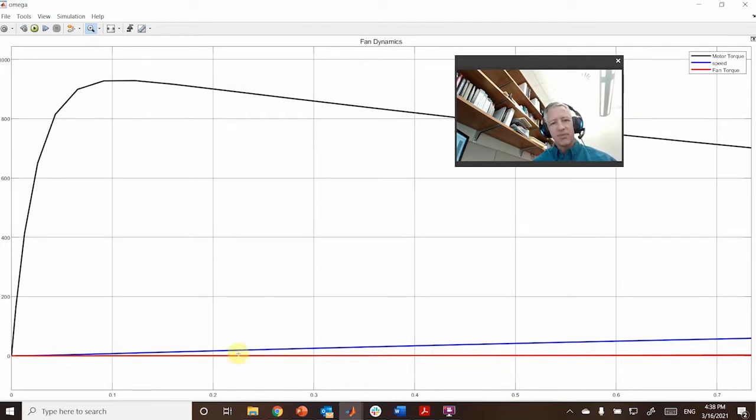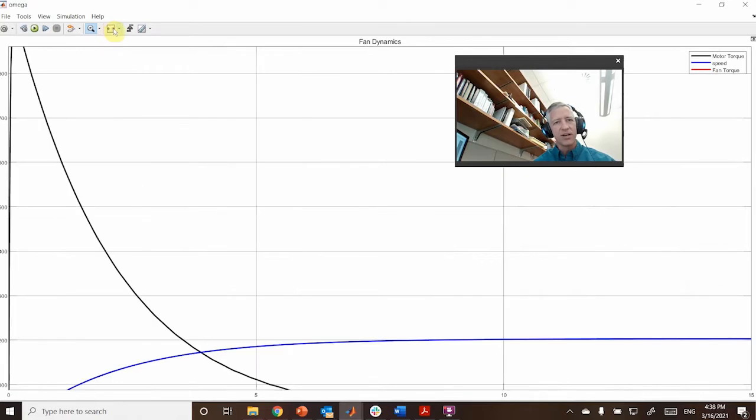At the same time, the motor rotating is going to cause the torque of my motor to come down, because remember that we have a linear torque speed plot for the motor. So as my speed starts to increase, my motor torque is coming down and my fan torque is going up. Okay, so let's zoom out a little bit more.